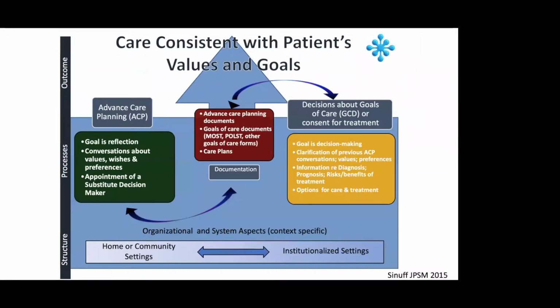So perhaps just to start with a conceptual framework of the words that we use.